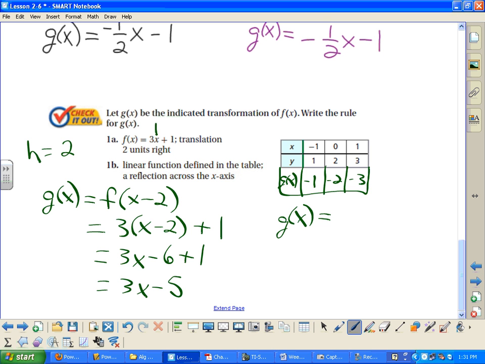Okay, when x is 0, so that's -2. And the slope, y is doing what? Going down by 1 as x is going up by 1. So this would be -1x minus 2, or just -x minus 2.